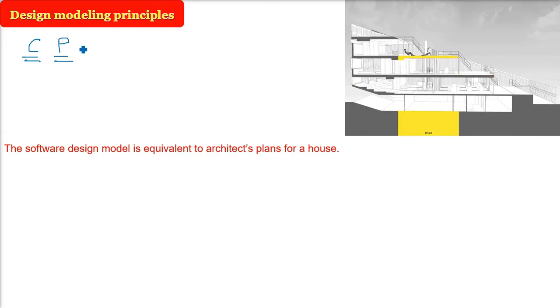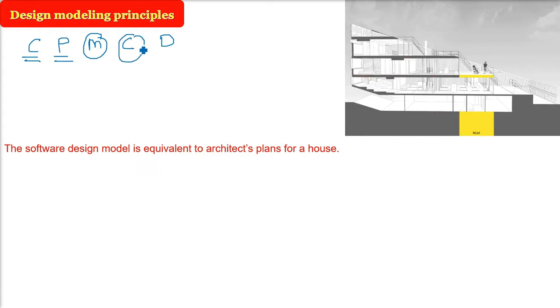Now the next step is a very important step, that is the design or modeling. This modeling corresponds to the construction, and then you have the deployment. Everything, the coding and testing, will depend on what you have modeled, what architecture style you have defined, what modeling you have done.